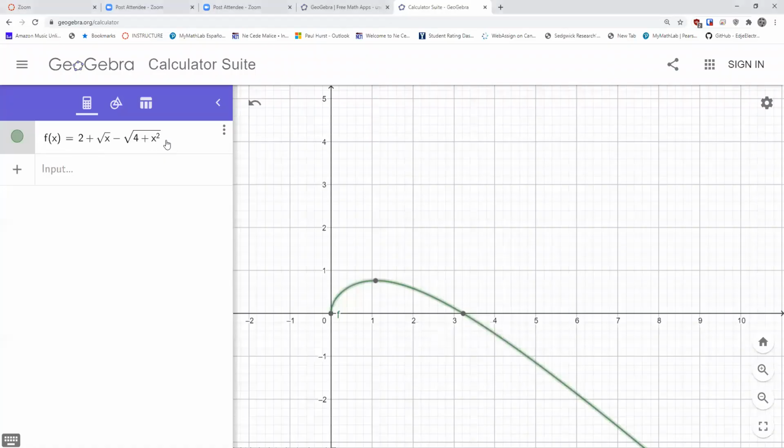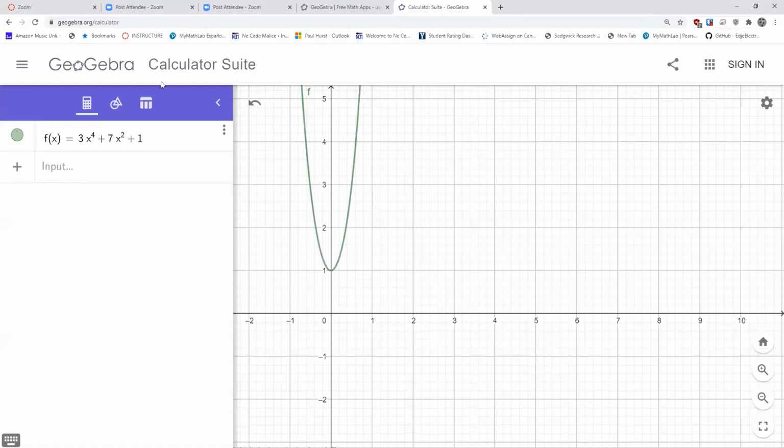So we'll come over here to our GeoGebra and put that in. So 3x to the 4th plus 7x squared plus 1. And this one, we're interested in any solutions anywhere.